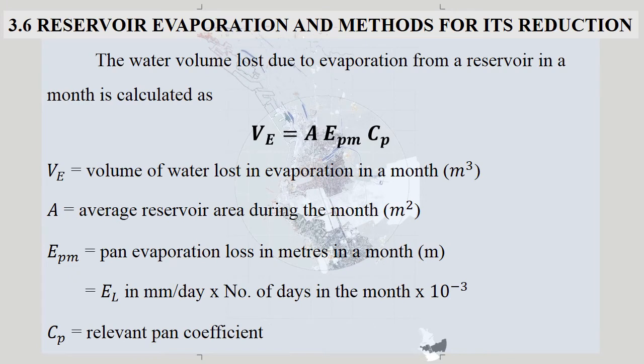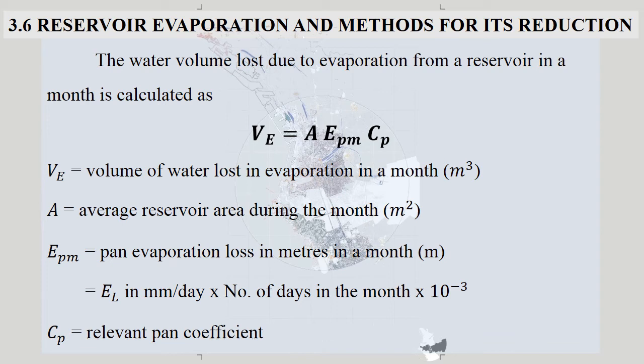The water volume lost due to evaporation from a reservoir in a month is calculated as V_E equals A × E_PM × C_P, where V_E is the volume of water lost in evaporation in a month, cubic meter.